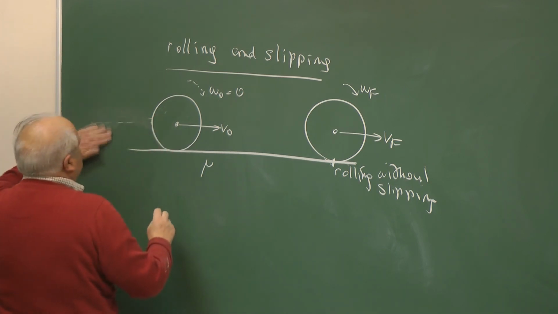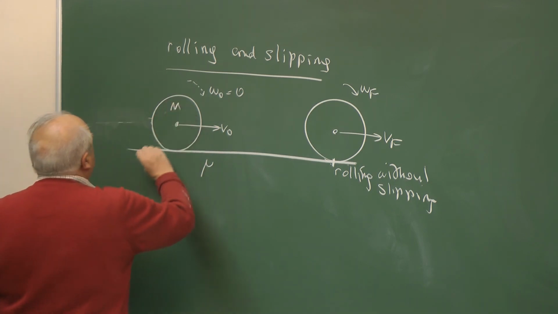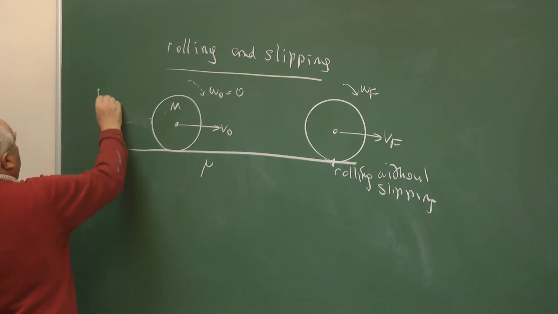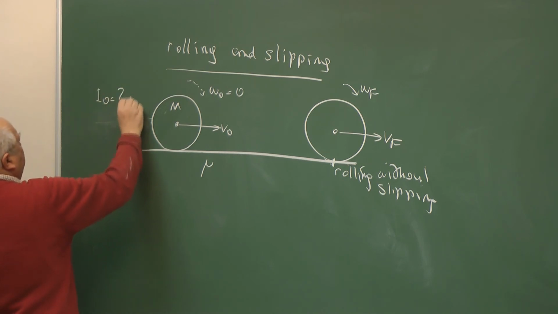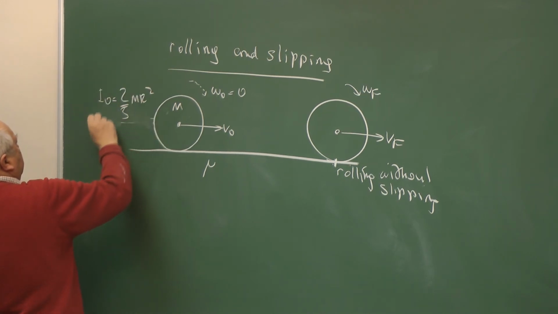So we are given the mass of the ball, m, and the I0 is 2/5 mr squared. This is a solid sphere.